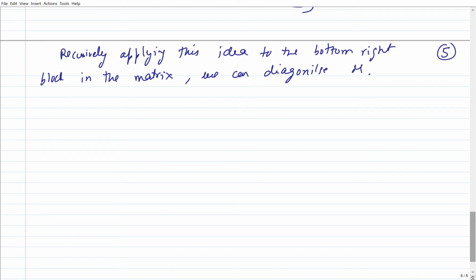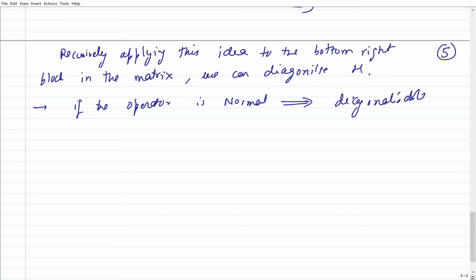So how are you going to prove the other way around, that if the operator is normal, then it is diagonalizable? Or rather, we've just shown that.